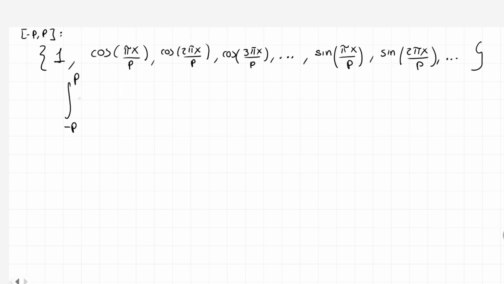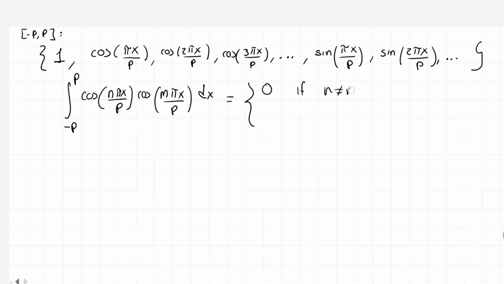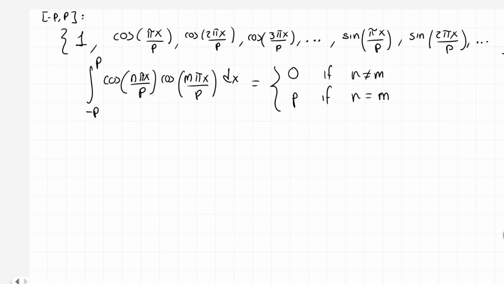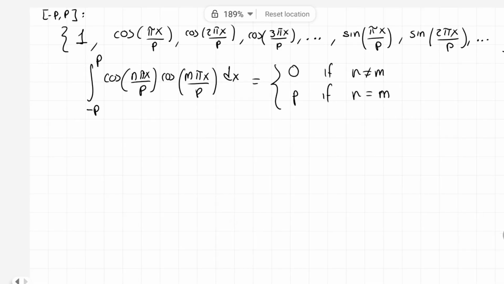We need to establish that for two functions in the form of cosine of n pi x over p times cosine of m pi x over p dx, this inner product is going to be 0 if n is different from m, and is going to be equal to p if n is equal to m. This means that these are elements that are orthogonal in the set. This is the first formula that we are going to use.